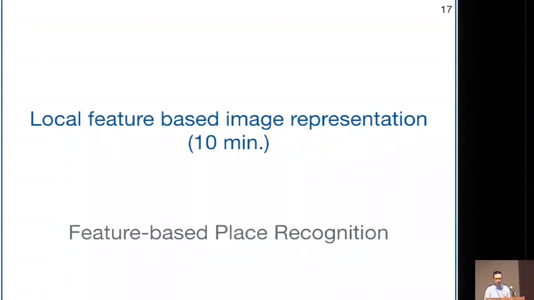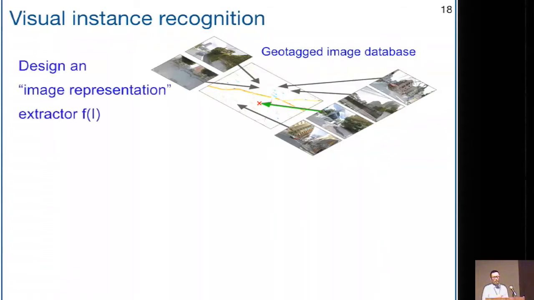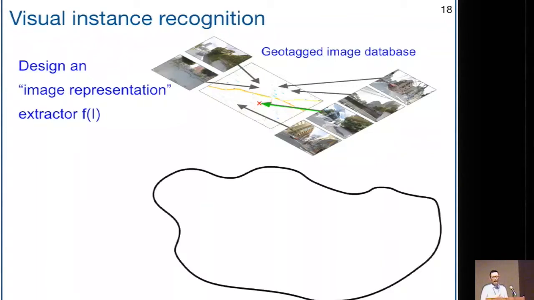Okay. Now I'm going to review the local feature-based image representation, which is commonly used in place recognition. In visual instance recognition, given a database of images, we design an image representation extractor function which provides a mapping from an image to an image representation space.